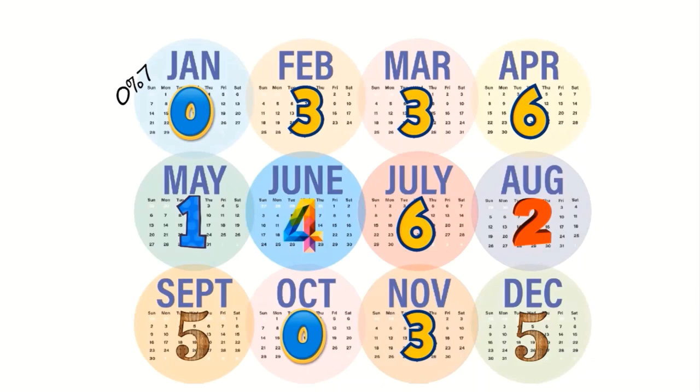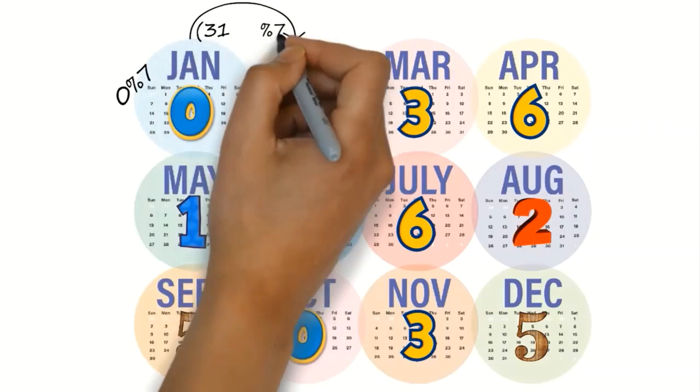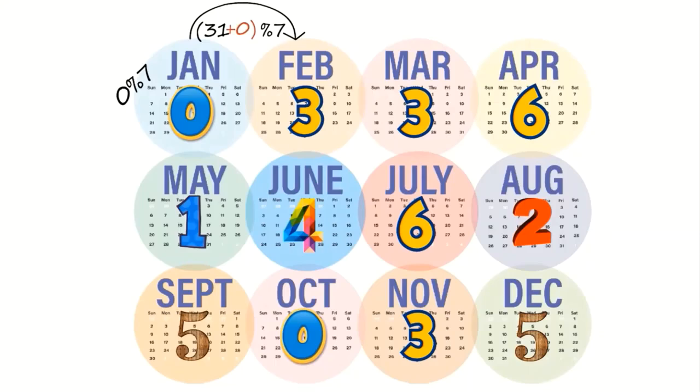To find out month code of February, we know that number of days in January is 31 and it has 0 odd days, as month code of January is 0. So month code of February will be 31 plus 0 mod 7, which gives you 3 as a remainder. Similarly, for month code of March, number of days in February is 28 and month code of February is 3.